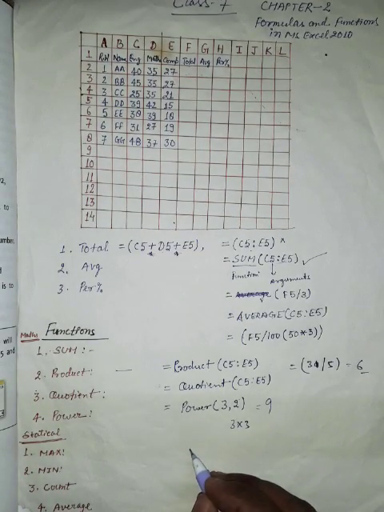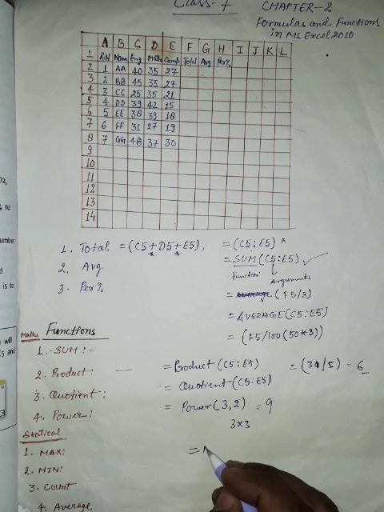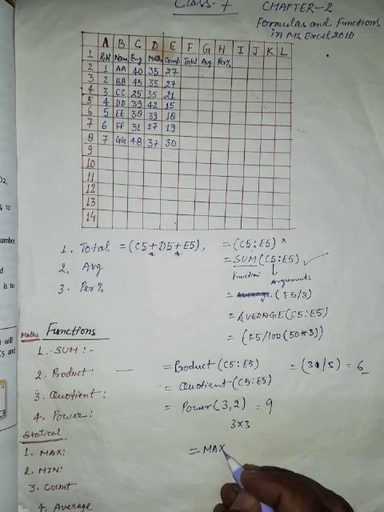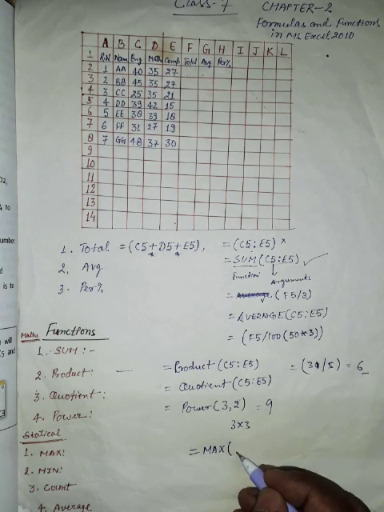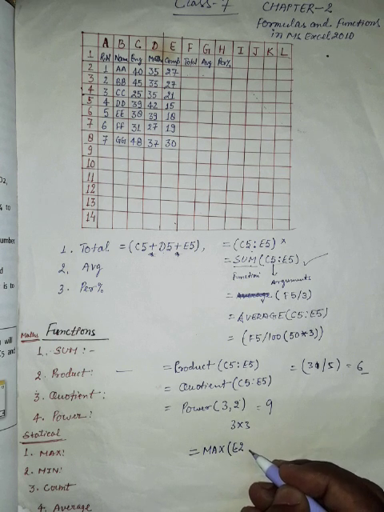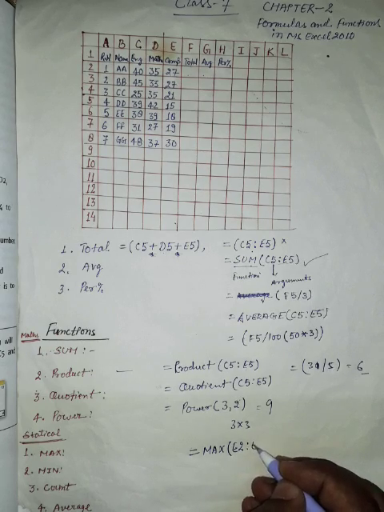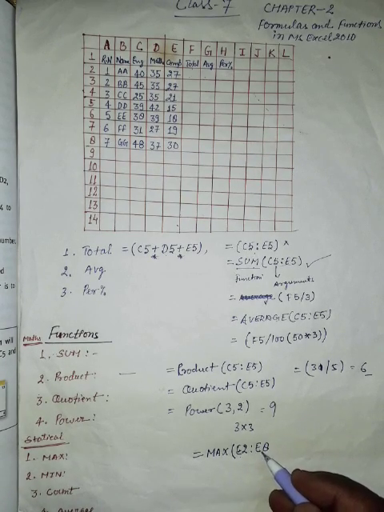First of all we write the equal sign, then MAX, related to the maximum value, and open the parenthesis. Then we write the starting cell address, like here E2, and till here E8. So it is starting with E2 and ending with E8.